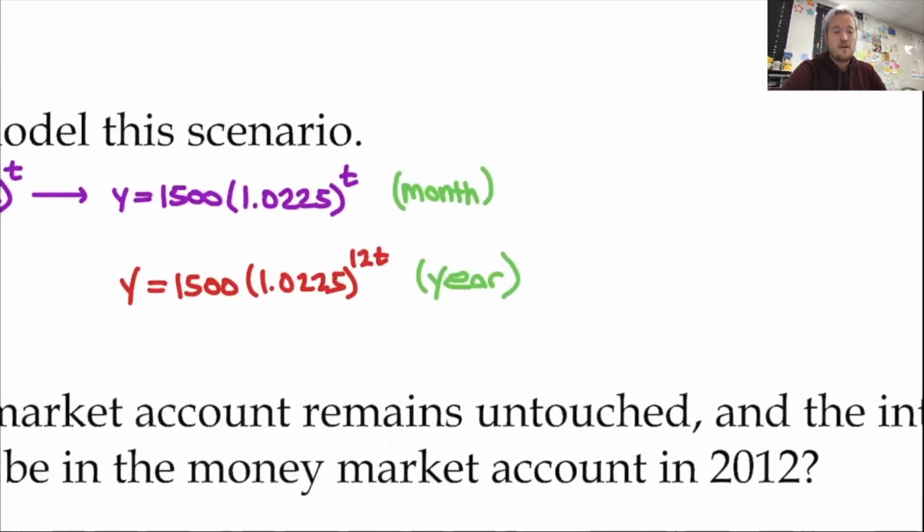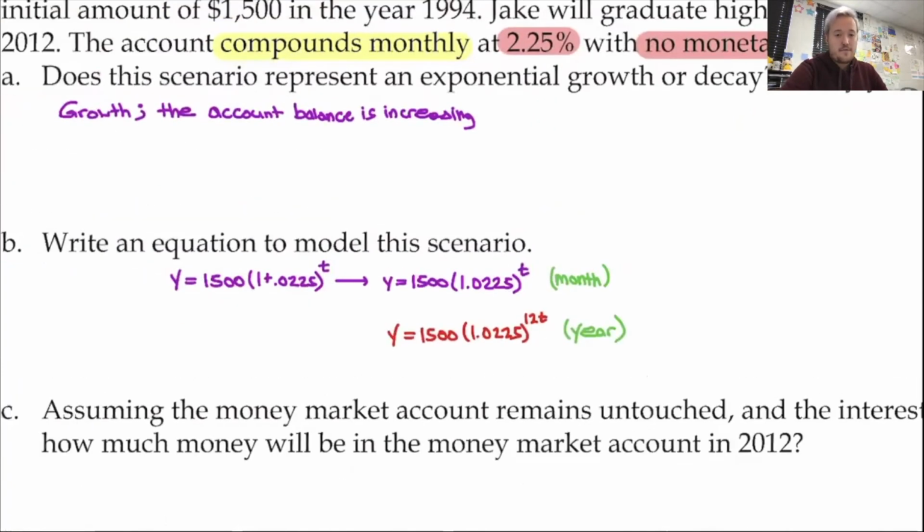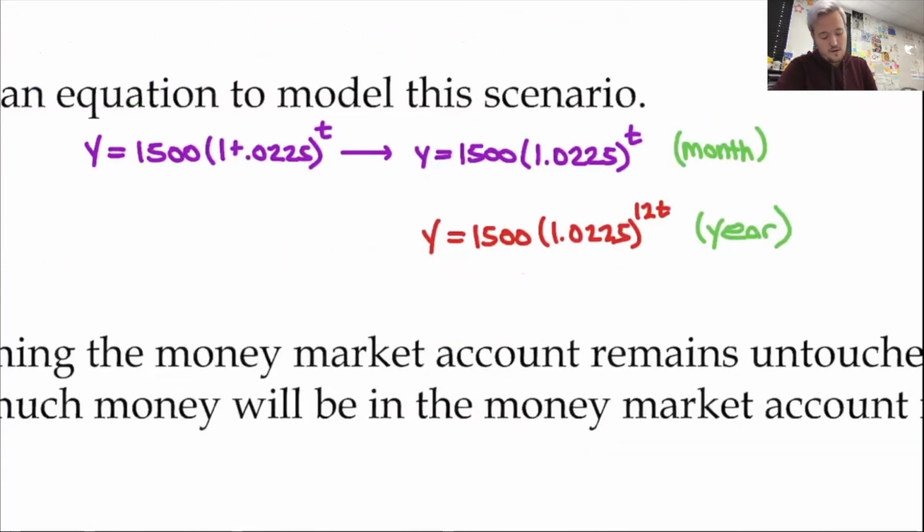Because after 5 years, you could find the value, but let's say you want to find 5 years and 3 months. If you want any component of the months, then you have to use the top equation. But if you want just after 7 years, 10 years, 20 years, then you can just use the bottom equation.